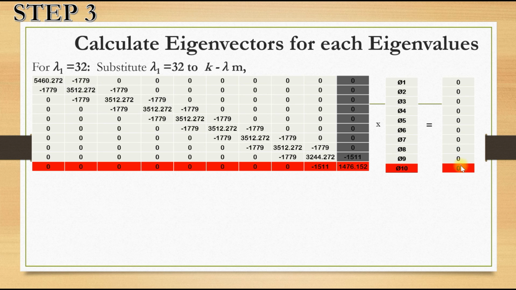So, pag i-transpose natin, i-transfer natin sa kabila, so it's understood na itong negative na number, which is negative 1,511, magiging positive na yan. So, kung i-transfer natin siya, magiging positive.